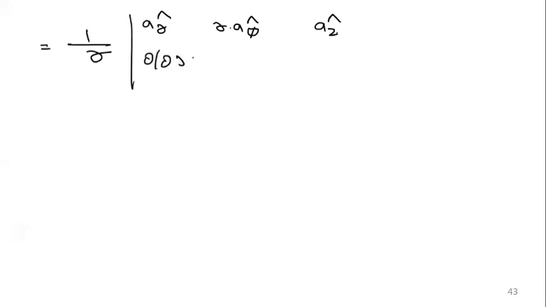So that is equal to 1 by R into the determinant with AR, R A phi, AZ and dou by dou R, dou by dou phi, dou by dou z, then 0.